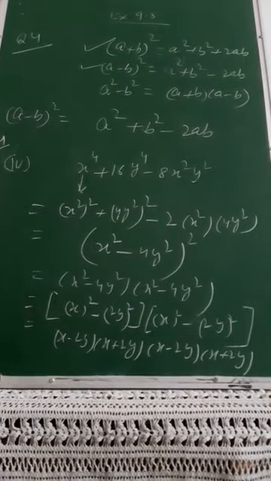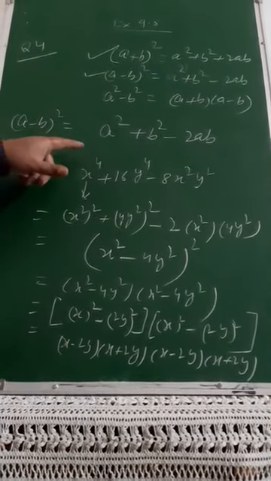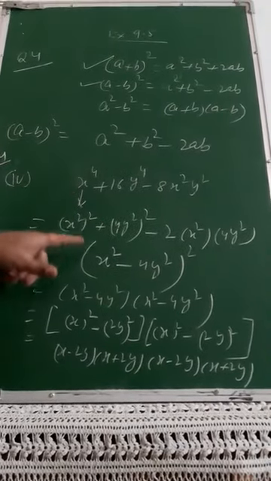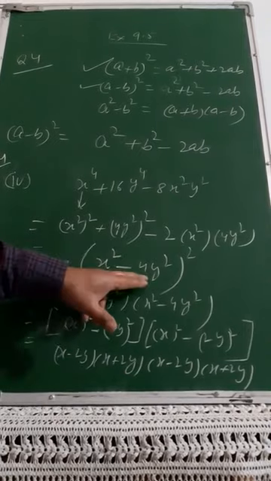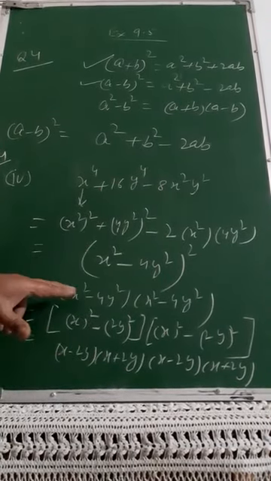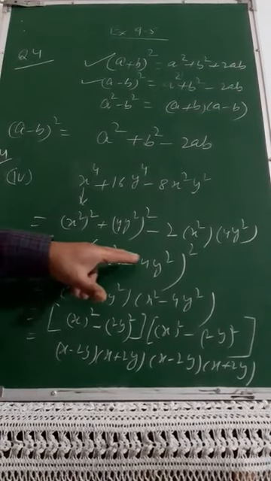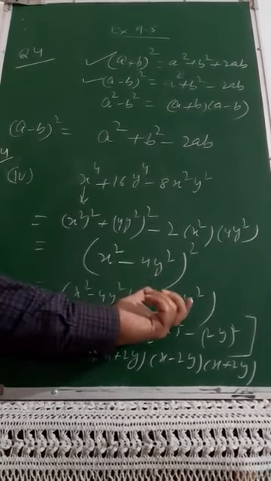So this is a question where I have to first convert it in the term of (a minus b) whole square, and then I am getting a as x square and b as 4y square. So when I am writing a square minus b square, that is (a minus b) into (a minus b).